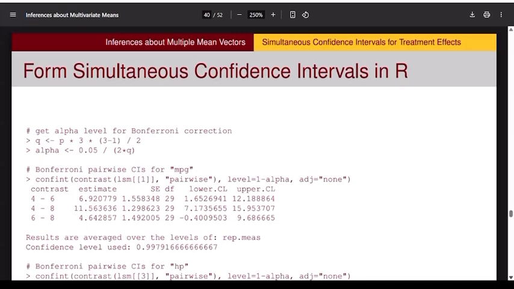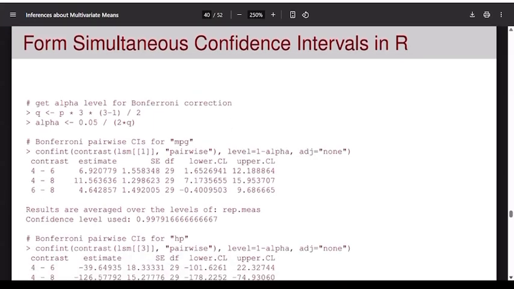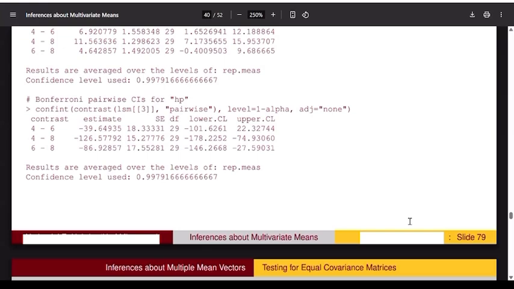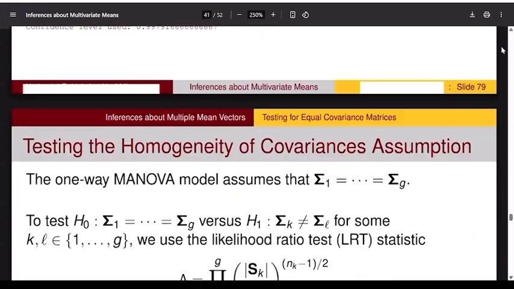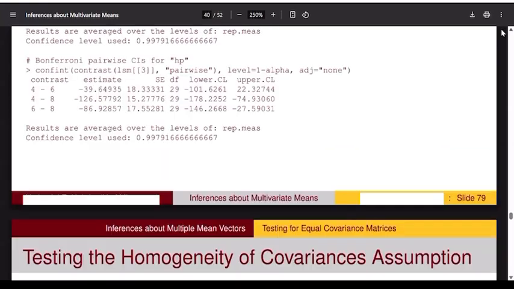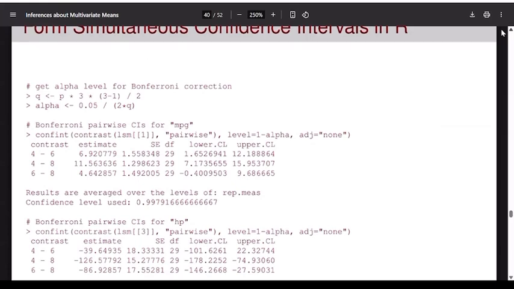Number one, MPG, which measures the fuel efficiency of a car. Then HP, the horsepower, and so on. There are so many, but I want you to see the Bonferroni correction for the dependent variable. Now, when the dependent variable is MPG, please pay attention.